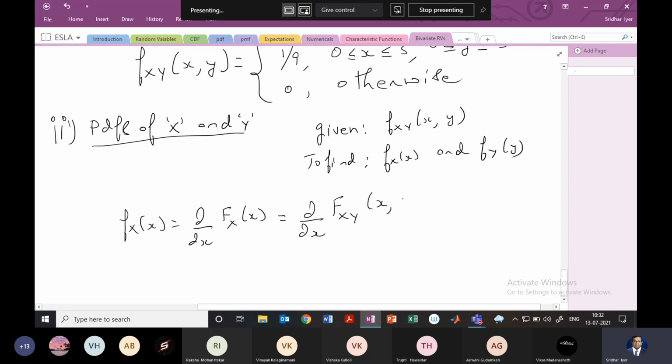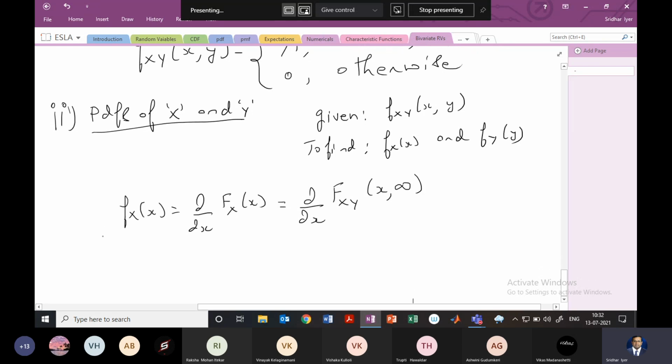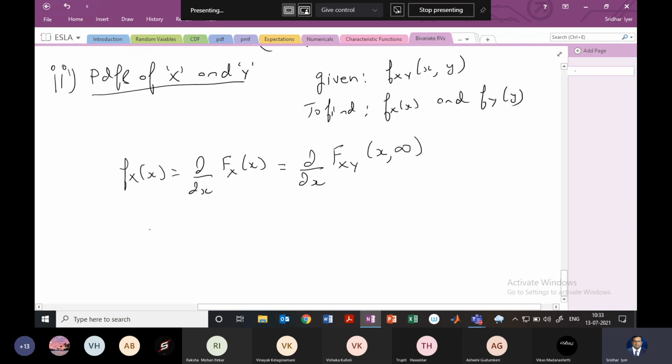Fxy of x comma infinity. Because I know that Fy of infinity will be the entire sample space, and when I take an intersection with x, it is just going to give me x. So using that logic, now I will take fx of x and integrate this from minus to plus infinity fxy of x comma y dy.